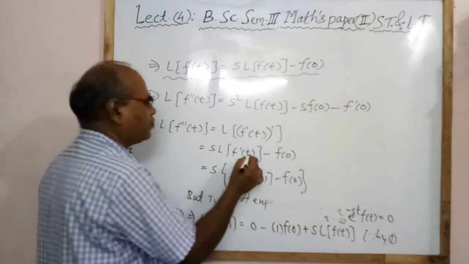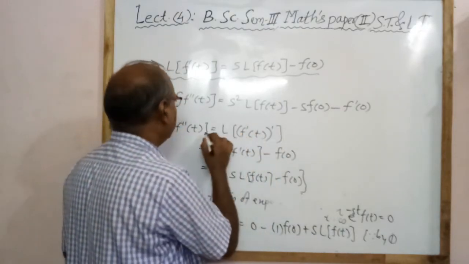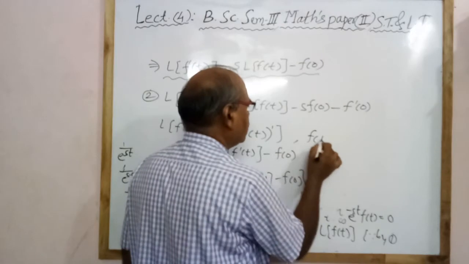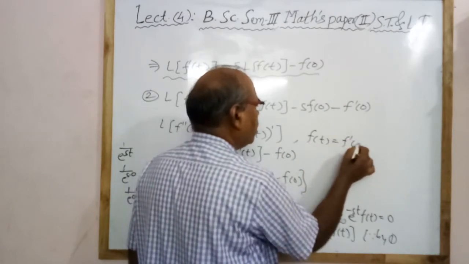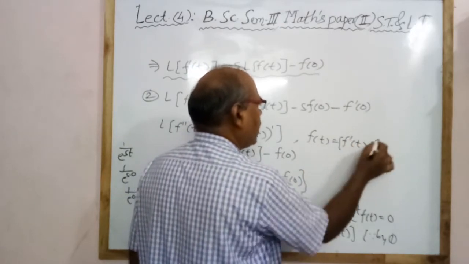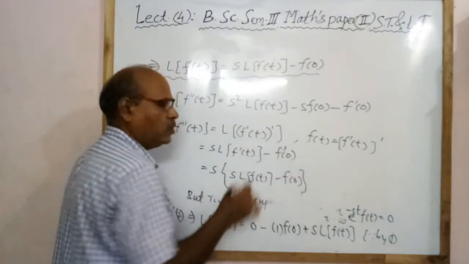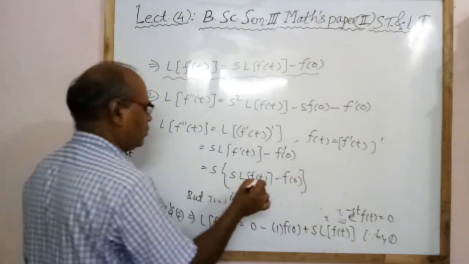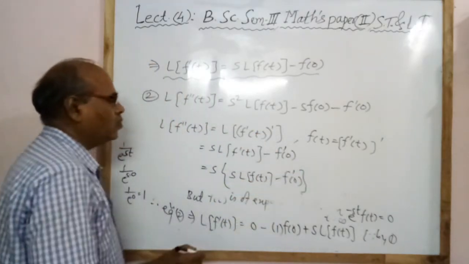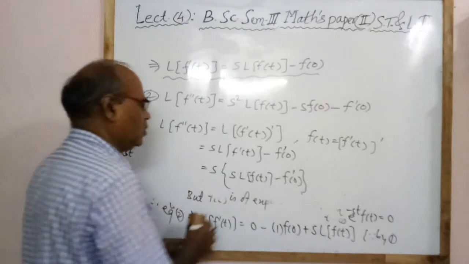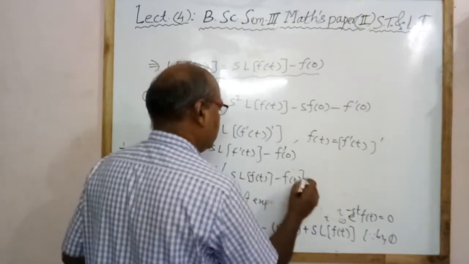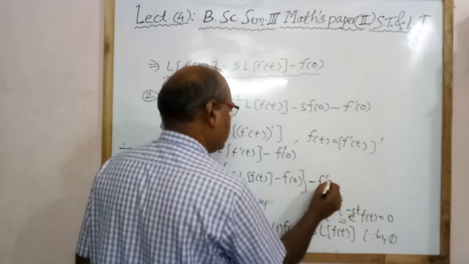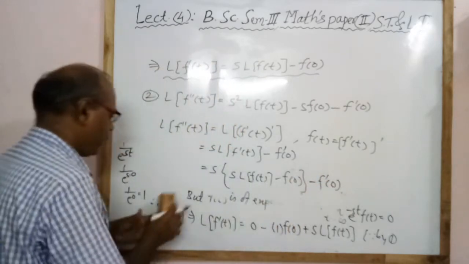Now here the function is f of t equal to f dash of t and dash of this. Therefore we get here the term f dash of 0, so we have this f dash of 0 outside.